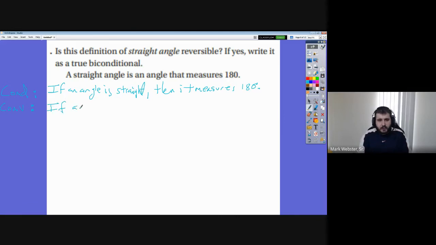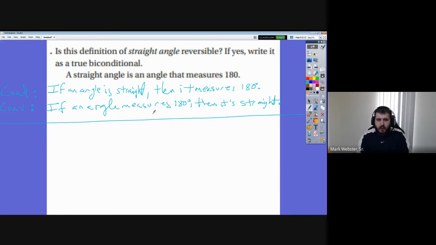If an angle measures 180 degrees, then it's straight. Yeah, also, because again, these are our definitions that we have, right?